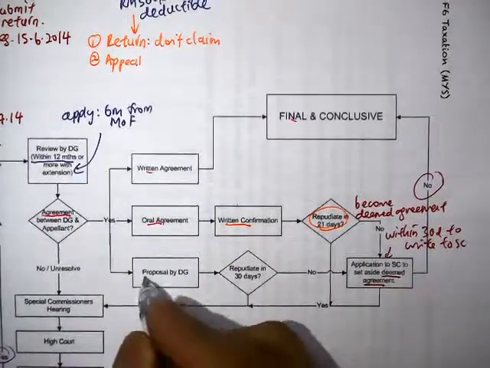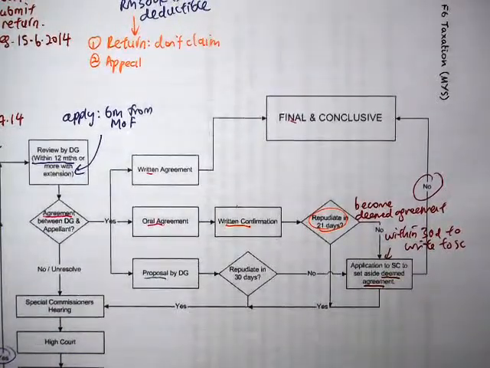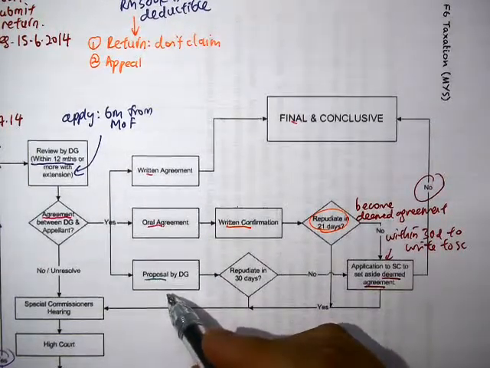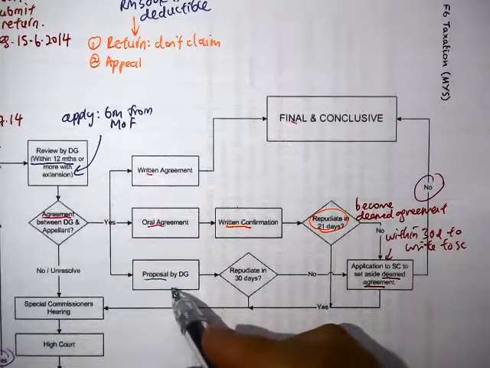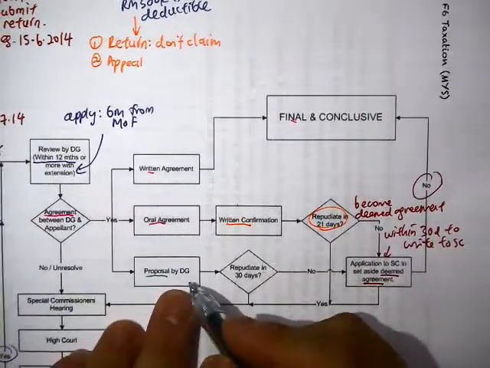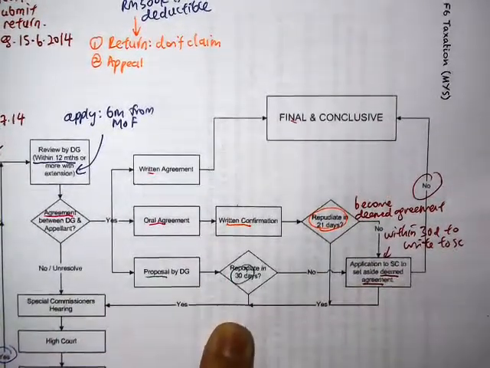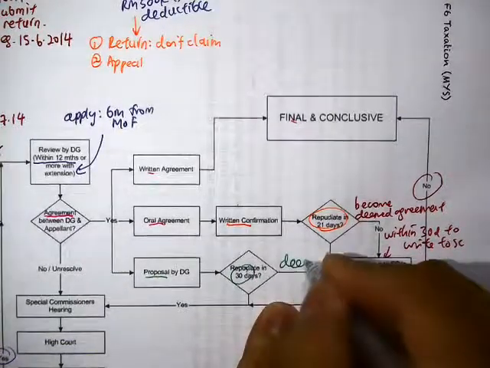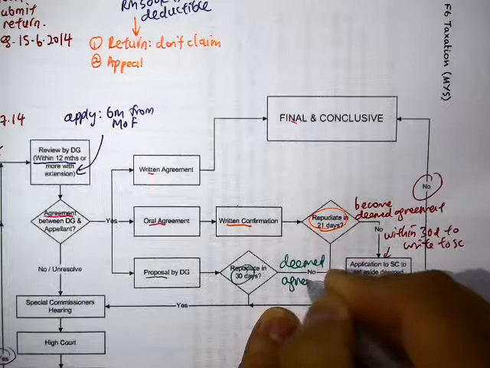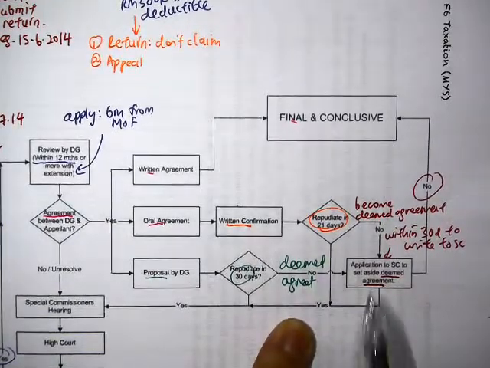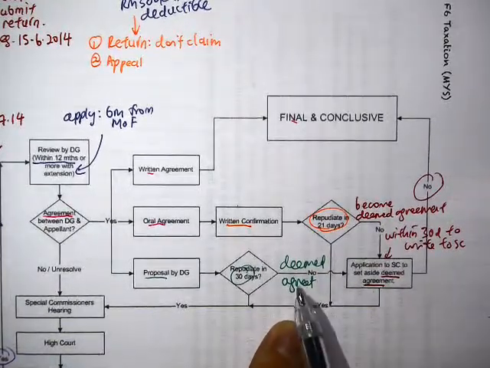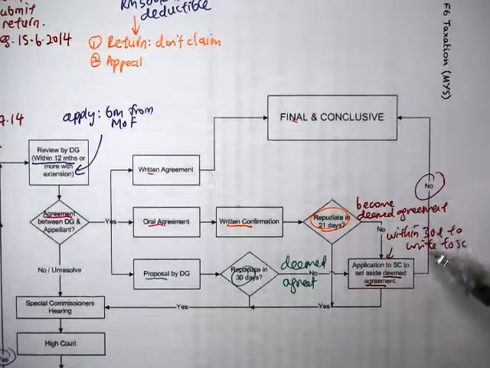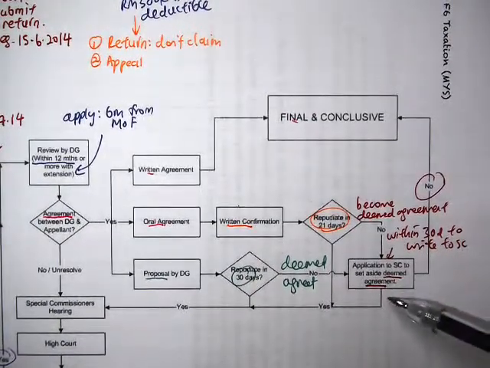Now if it's a proposal, the DG can propose certain things on what you appealed and see whether you agree or not. This proposal that the DG served to you, you have 30 days to repudiate. If within 30 days you don't repudiate, it will again become a deemed agreement. Then same thing: from the deemed agreement, you have 30 days to write to the Special Commissioner to set aside the deemed agreement.